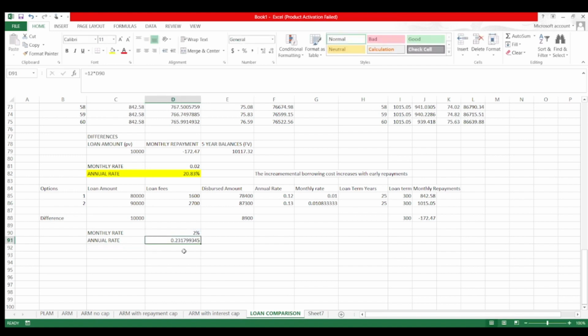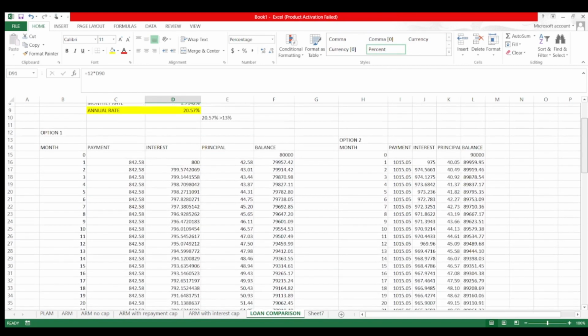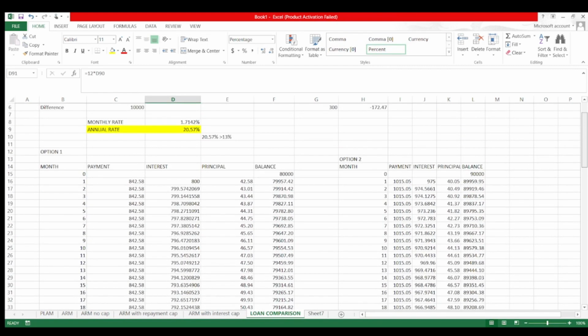So we can see from this that the annual rate is 23.18. This amount is also higher than the 20.57.